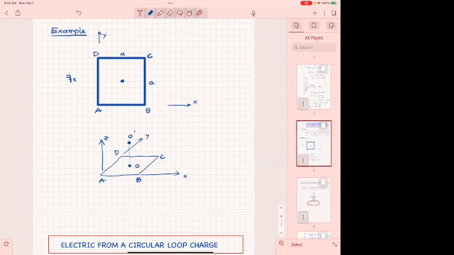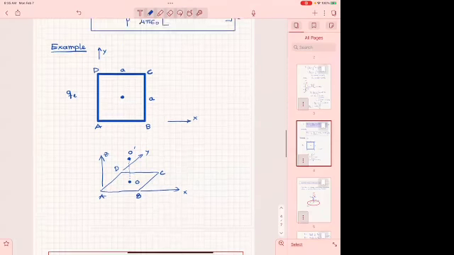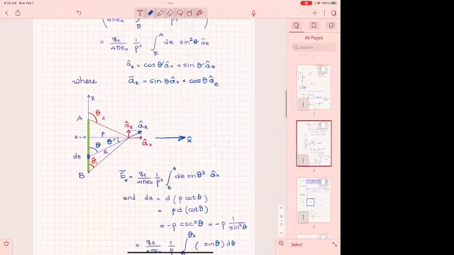All right, now I want you to find the field at the center. This is X and Y, and there is Z. What did we find in the previous solution? Let's take AB. If we take AB, according to our solution here, we found a component that is perpendicular to the segment and a component which is parallel to the segment. You agree?